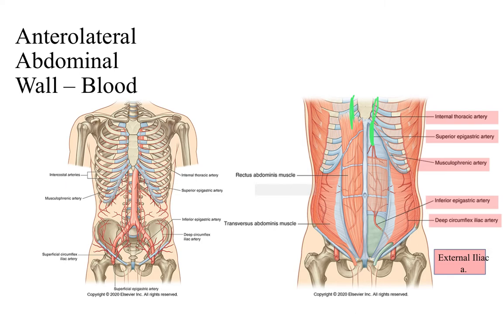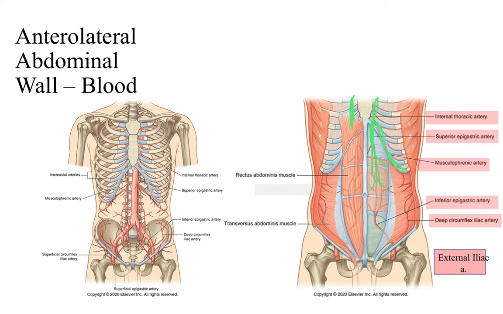So literally, your stomach would be right here, and those would be on top of it, as well as your musculophrenic artery. And you notice that the musculophrenic runs along the costal margin of the ribs, towards the lateral side of the abdominal wall. All right, and then of course they split and branch out.